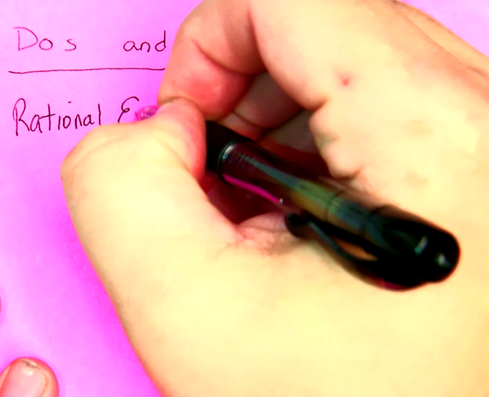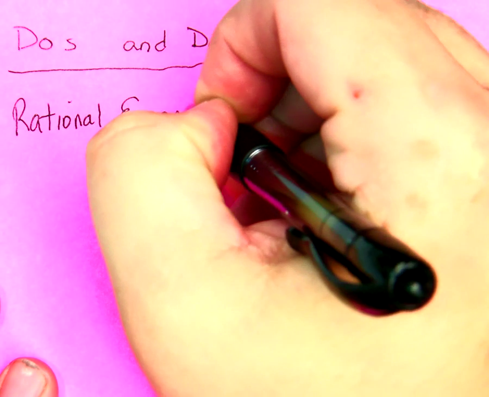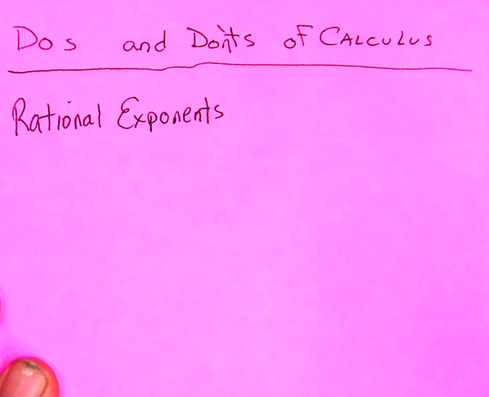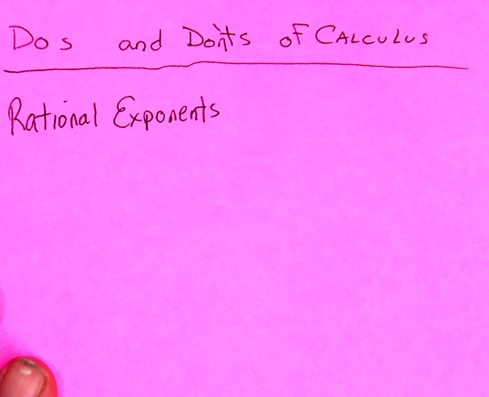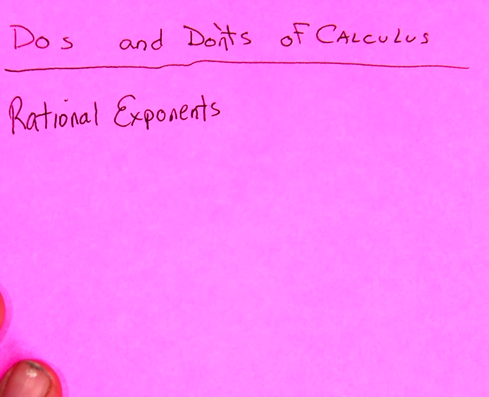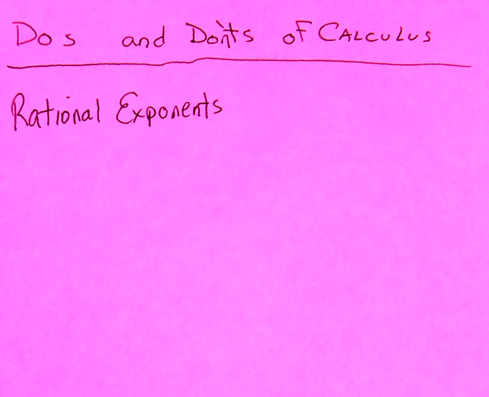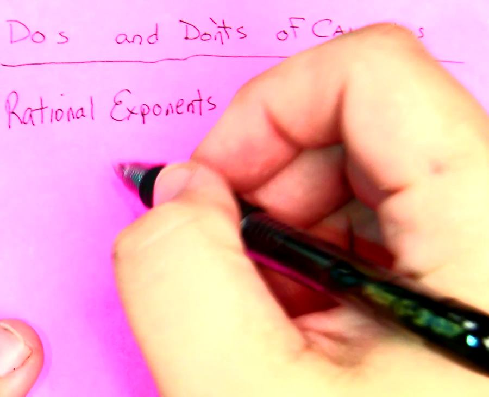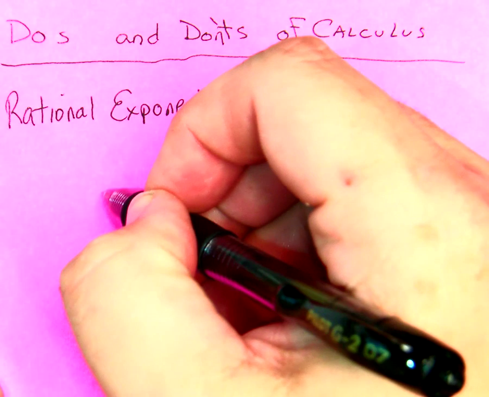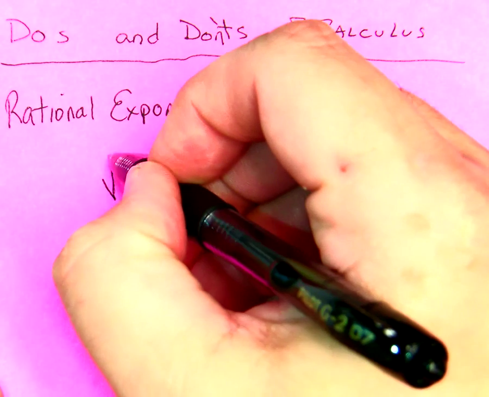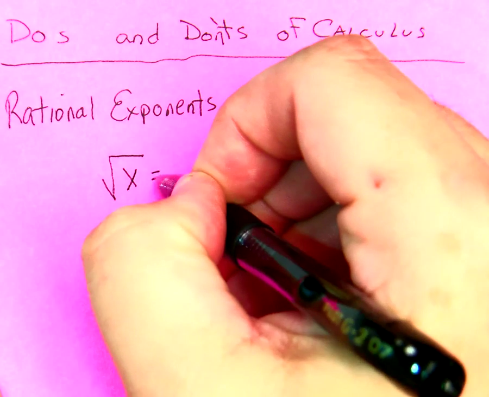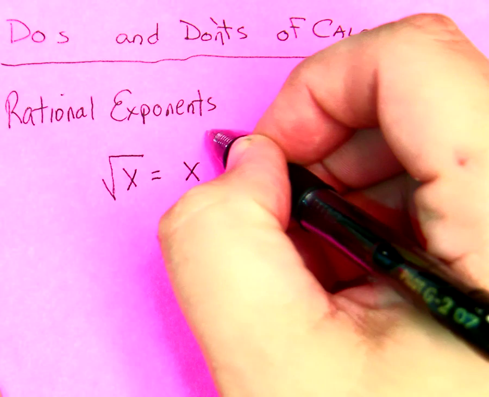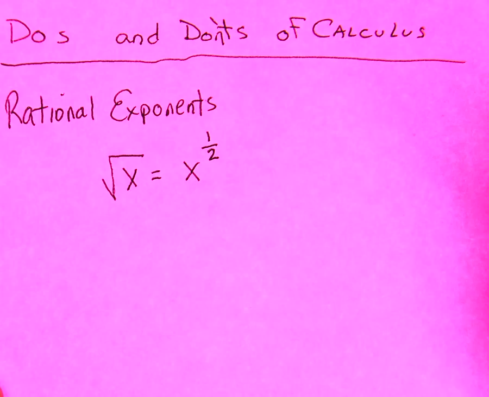Rational exponents. For reasons that you will see once we get into the actual calculus, you are going to want to be working in and with rational exponents. Now, let's remember that, for example, the square root of x is really equal to x to the 1/2 power.